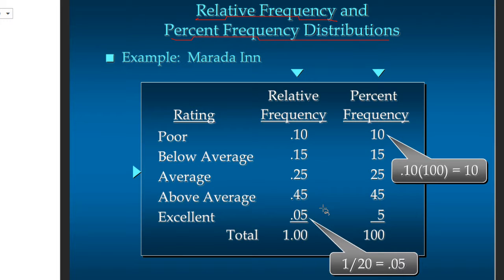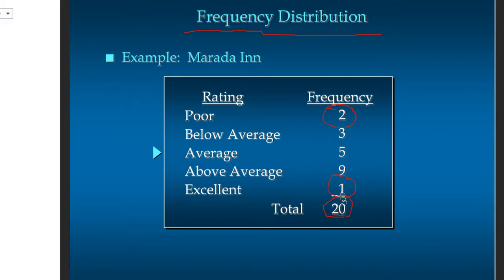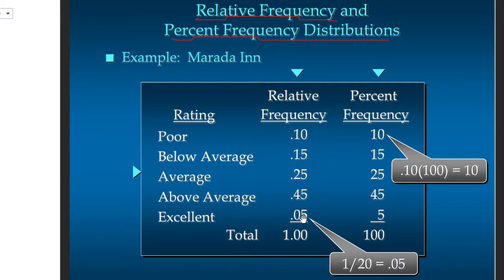Well, going back to this original one, we had 1 out of 20 answered excellent. So this 0.05 actually came from 1 divided by 20. Then it's 0.05. That's how they got this 0.05, right? So 1 divided by 20.